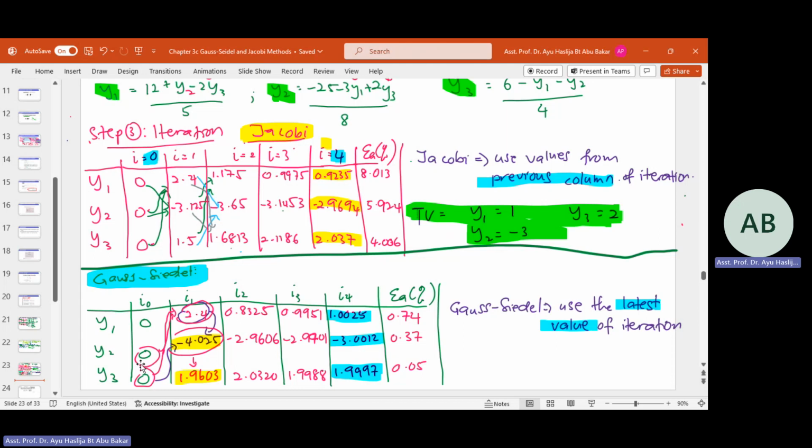Then you need to calculate the EA. The question can also ask you to do the iteration until ES equals 0.05, for example. Then you need to proceed until you get your EA lesser than ES. The stopping criterion is either the error or the number of iterations.